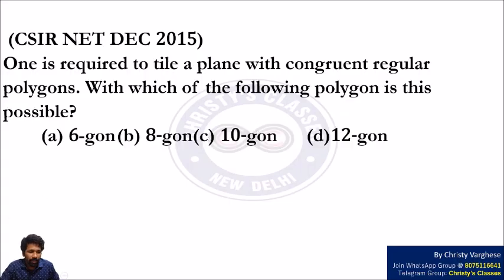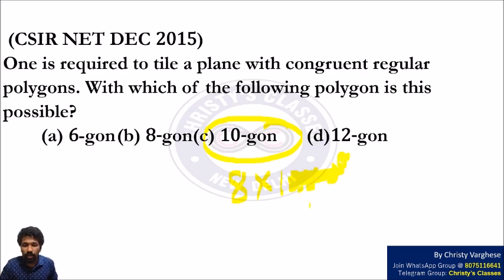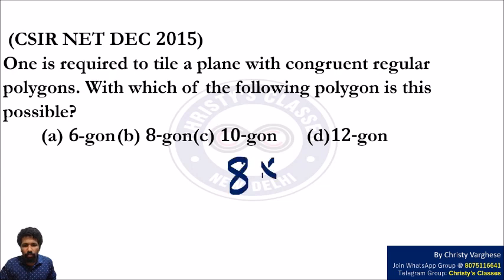Now for the 10-gon, what is the problem? For a 10-gon, n minus 2 is 8, so 8 into 180 degrees is 1440.